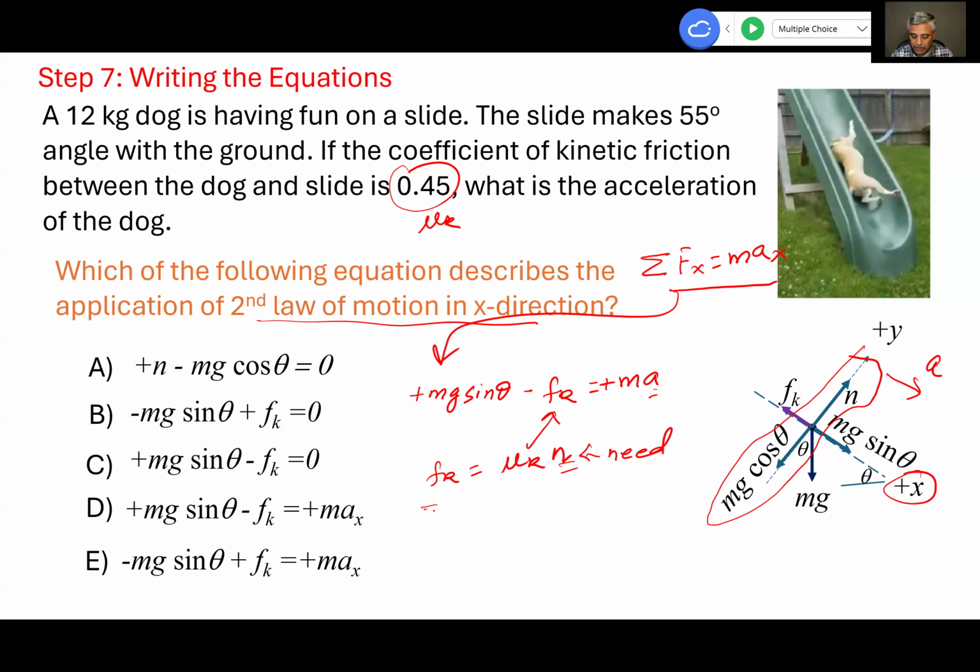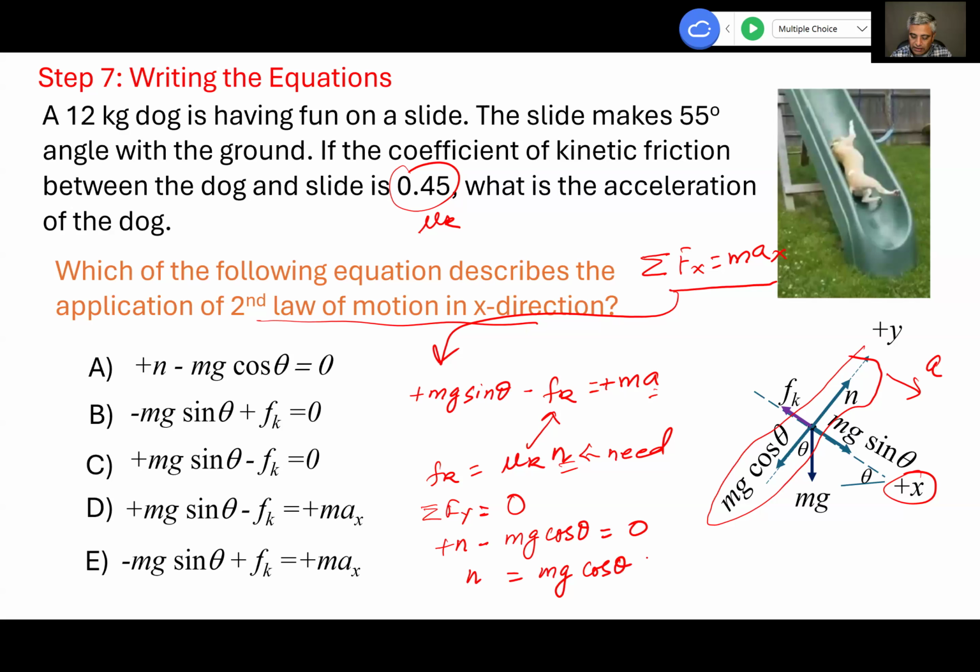So for that, we need to write this equation in the y direction. Since it's not accelerating in that direction, net force along the y direction is 0, and that is positive n negative mg cosine theta.